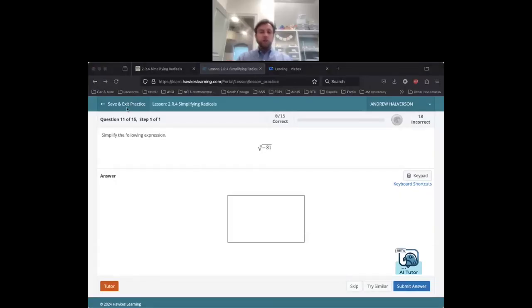Let's do this one. This is a pretty good one. So how would we do the cube root of negative 81? Ask yourself, is there a perfect cube that goes into 81?